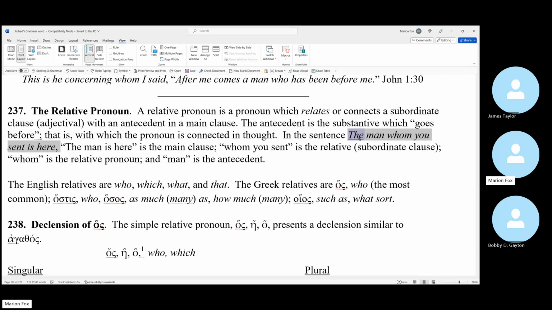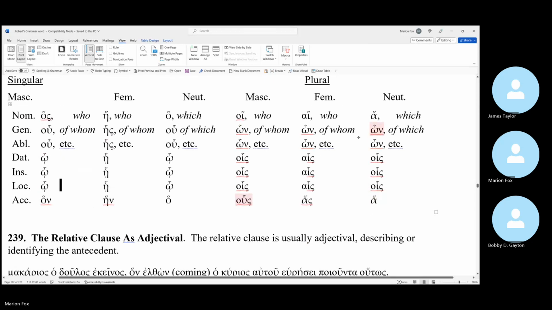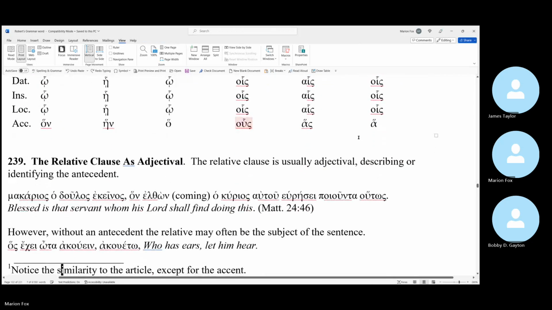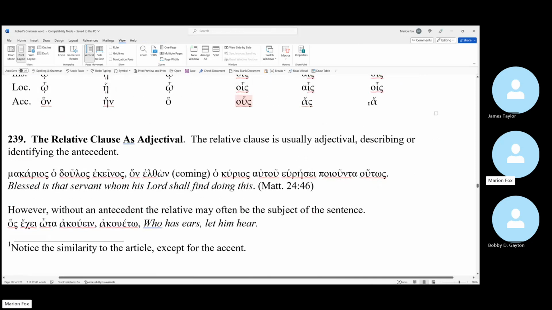That's what it does for us, whom you sent. So it's going to give additional information about whatever the pronoun is referring to. It can be used as an adjective, or as it says, adjectival. Usually it's adjectival, describing or identifying the antecedent. That's the normal usage for it, right?